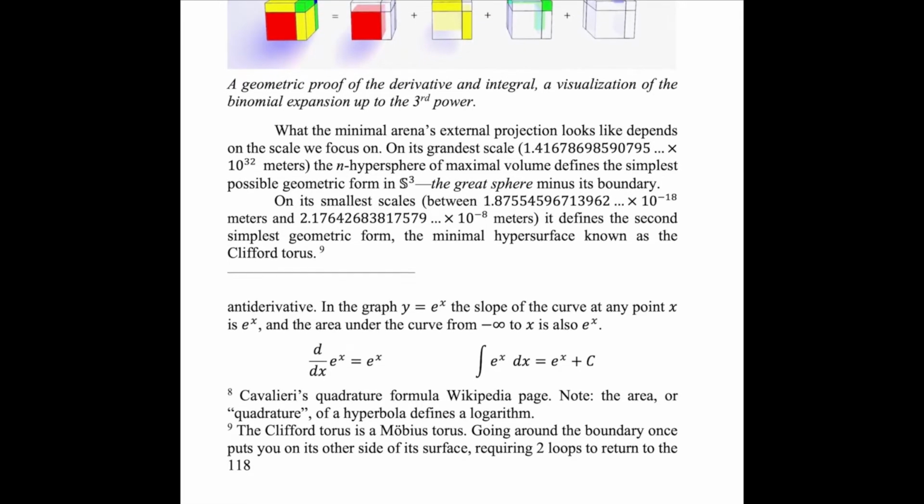On its smallest scales, between 1.8755546713962 times 10 to the negative 18 meters and 2.1764268 times 10 to the negative 8 meters, it defines the second simplest geometric form, the minimal hypersurface known as the Clifford Torus.